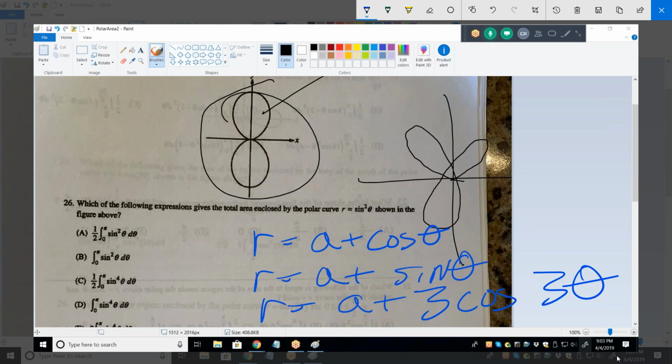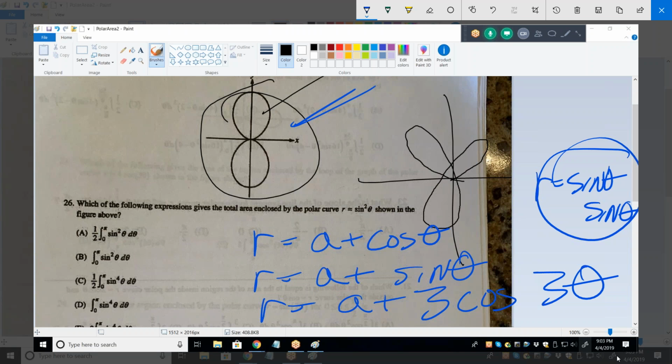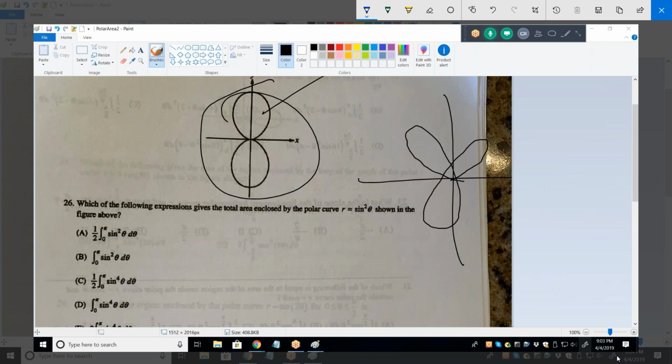This happens to be r equals sine theta times sine theta, which I would not have known was a rose curve if they hadn't drawn it. I go on the assumption that all rose curves get traced out twice when you go from 0 to 2 pi. So recognizing it as a rose curve, you know that it's going to get traced out once by going from 0 to pi. So that's why everything goes from 0 to pi. They kind of give you a hint that that's the case.